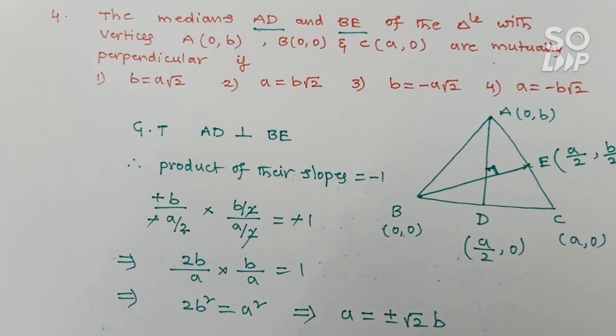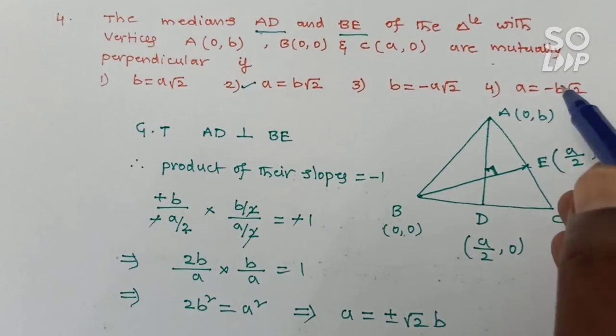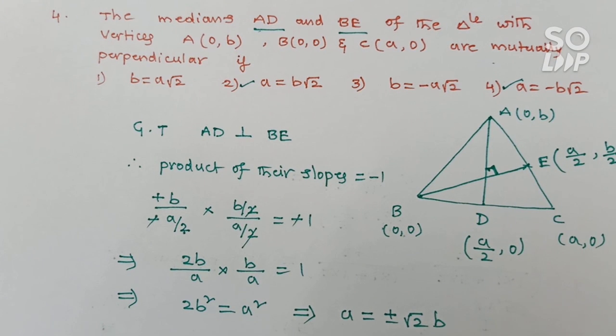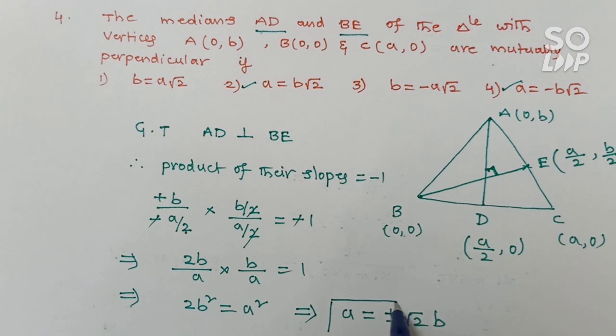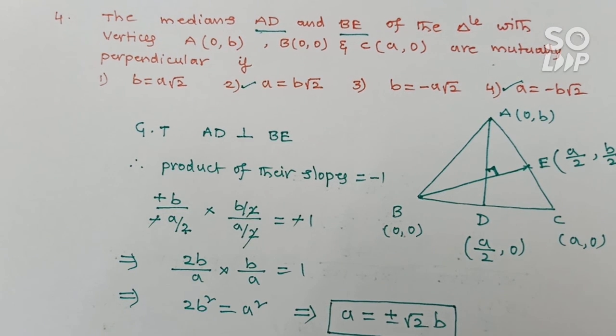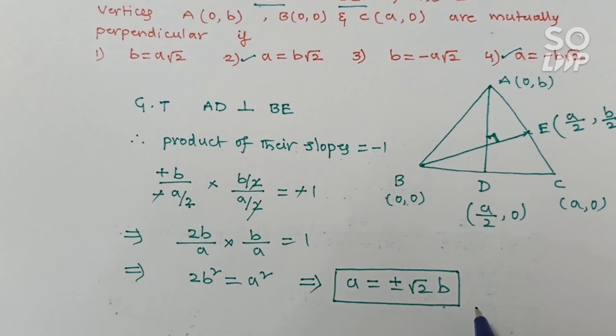So what are the correct options? Here two options are there: one is the second option, and the next one is a is equal to minus b into root 2. So a is equal to plus or minus root 2 into b. This is the solution of this problem.